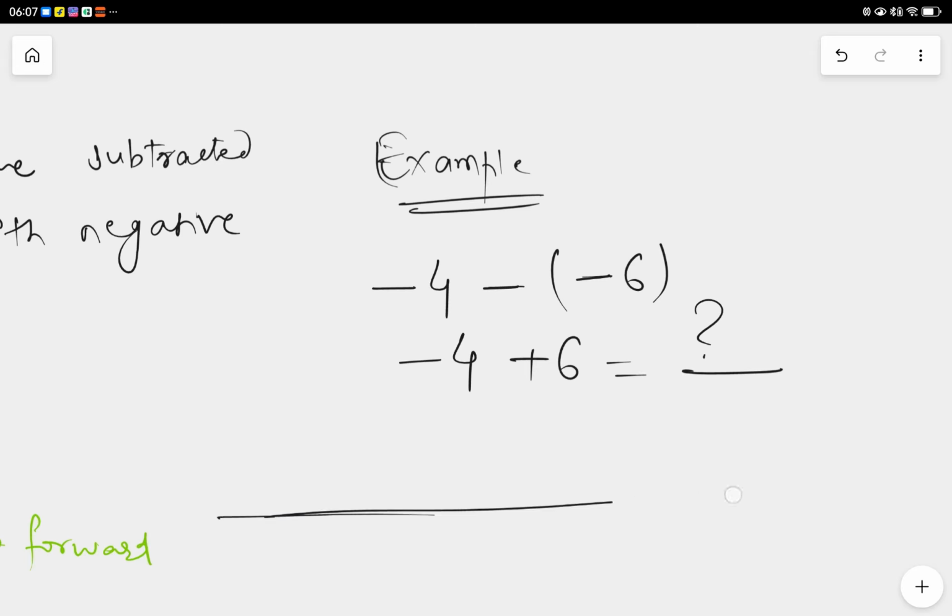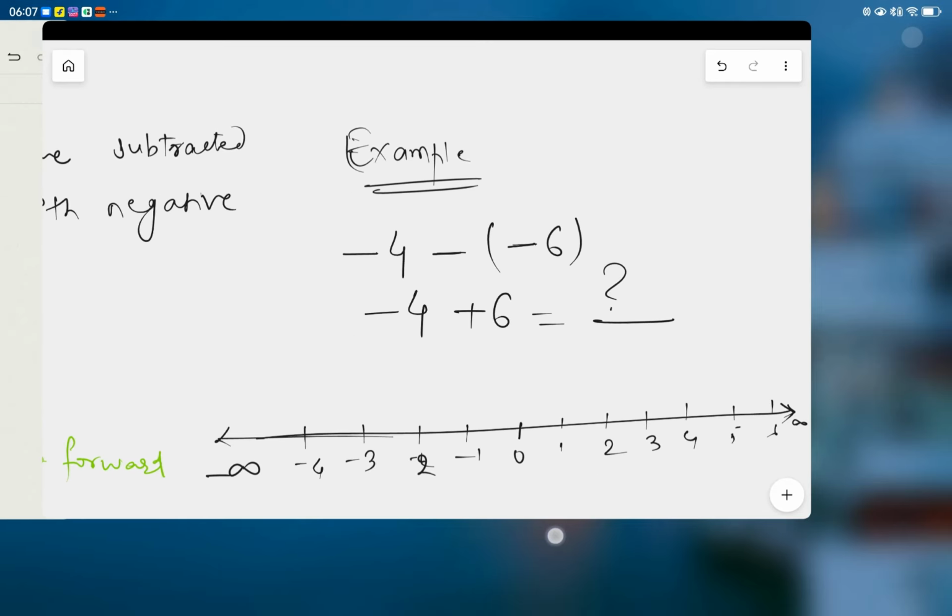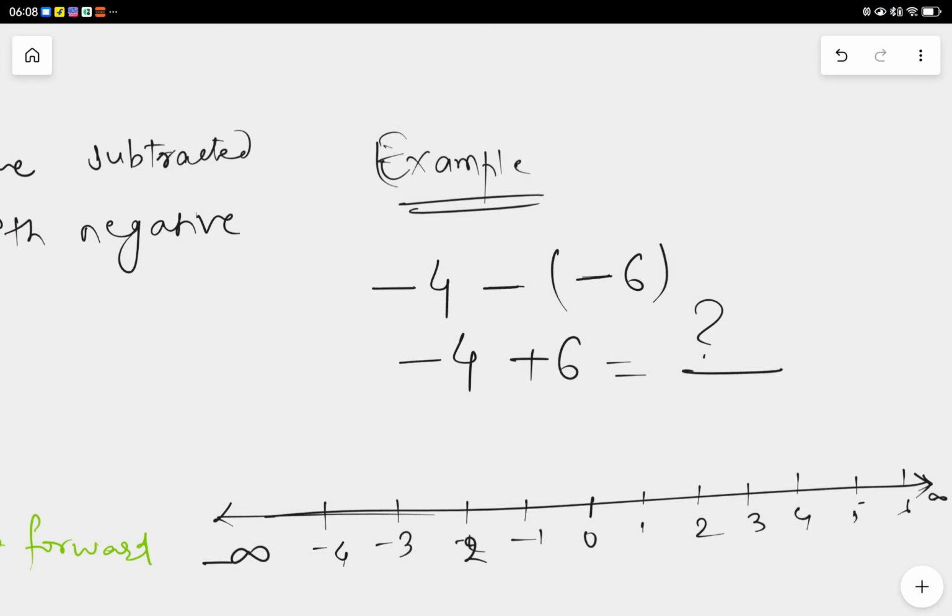So here we will again do it on the number line: 0, 1, 2, 3, 4, 5, 6 up to plus infinity, minus infinity, -1, -2, -3, -4. Okay, here you can see, we have to jump -4 first.